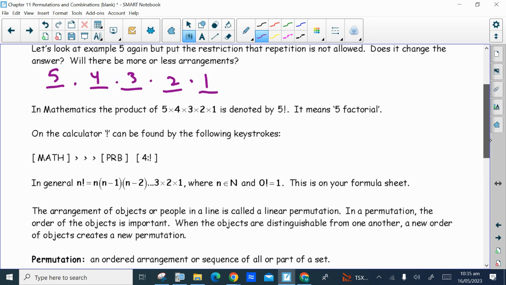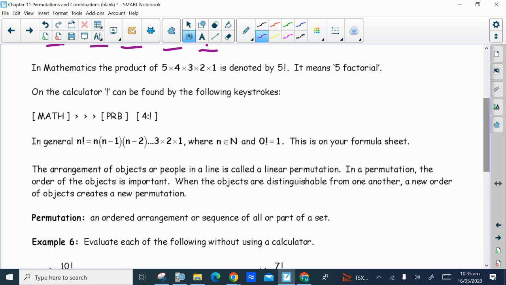Okay, so in general, n factorial is n times, like I talked about earlier, n minus 1, times the number 1 less than the original, times the number 2 less than the original, and you keep going until you get down to multiplying by 3 times 2 times 1, where n is an element of natural numbers. See, we're talking about counting.